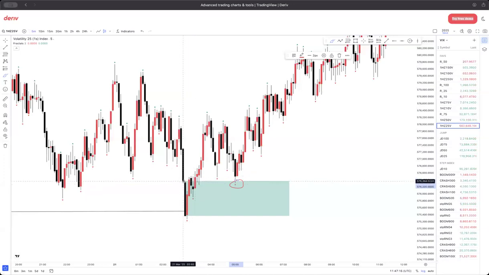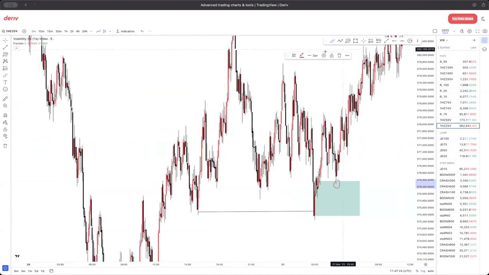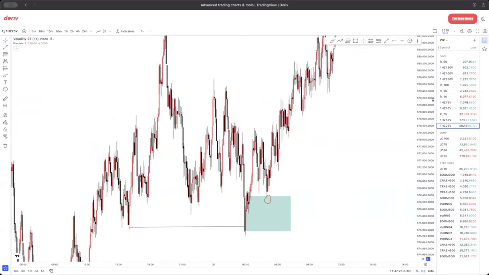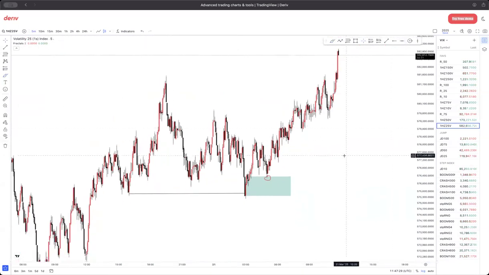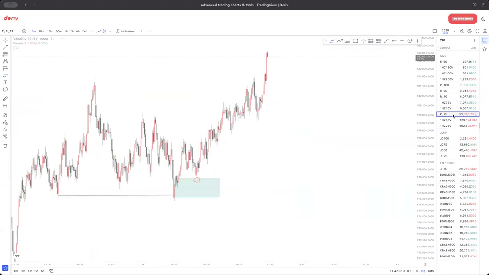So you want to select order blocks, demand levels, and supply levels that price has not tapped into before. Please note that, so that you don't tap unnecessary demand or supply levels. Tap the one that price has not yet tapped into.